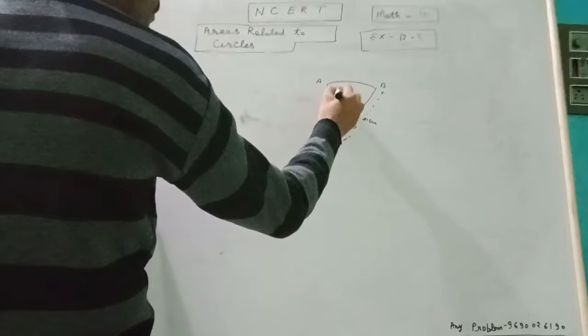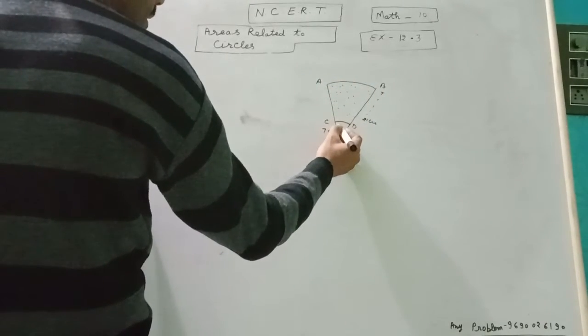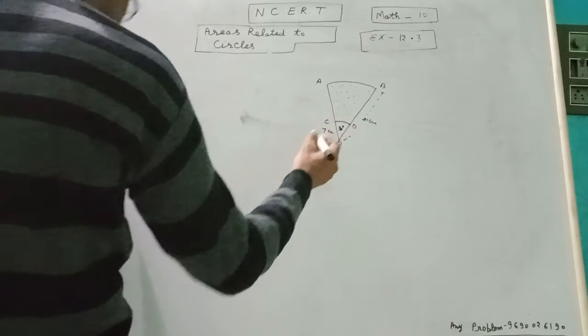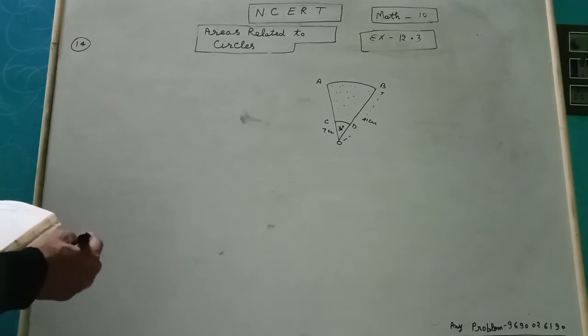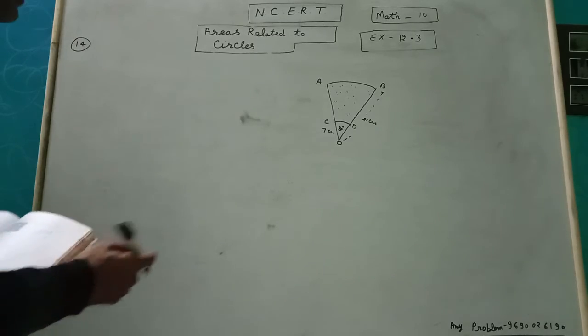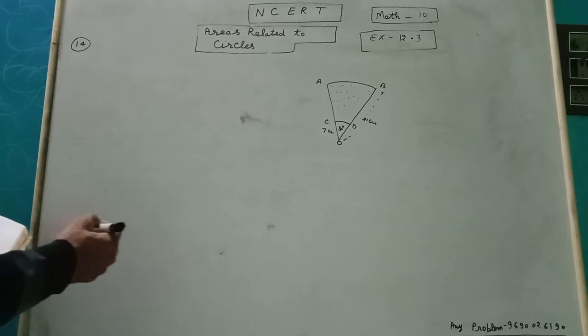Find the area of the dotted part. Angle is 30. We find the area of the shaded region.